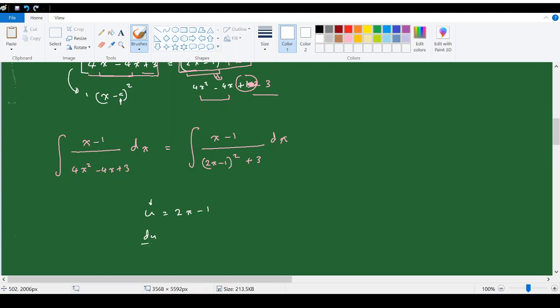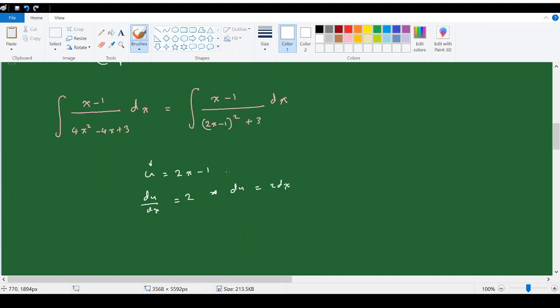To find the corresponding du relationship with dx, we need this one, and from the first equation you can see that x is equal to half times u plus 1. So we substitute both these terms in here. As you have only dx, you have to write 2 and half here.